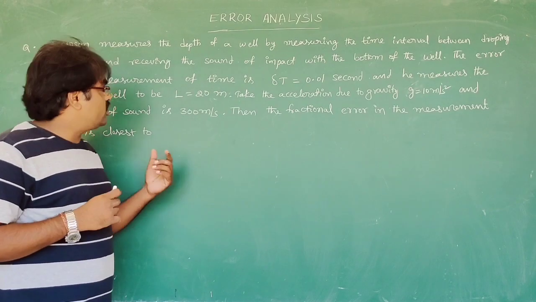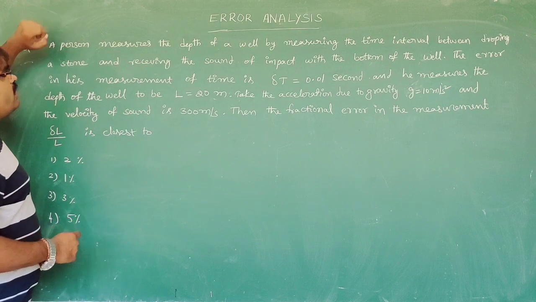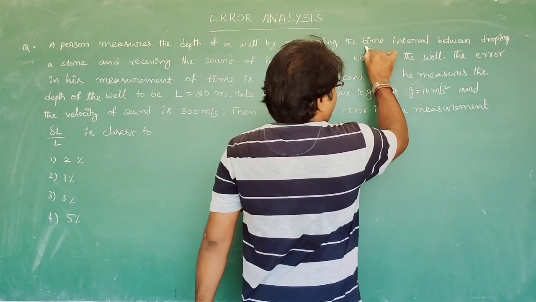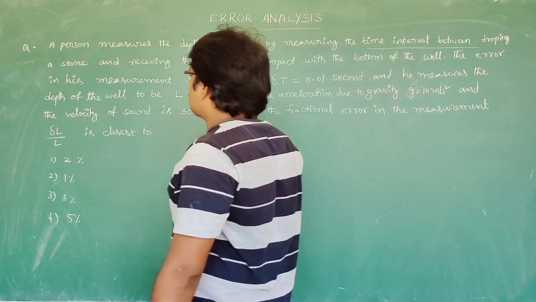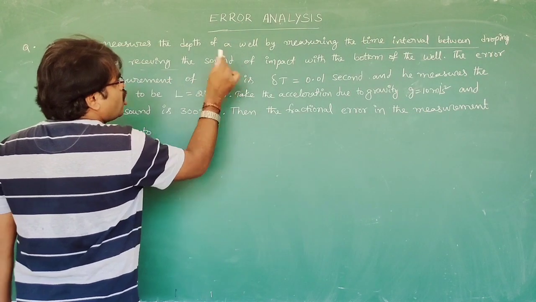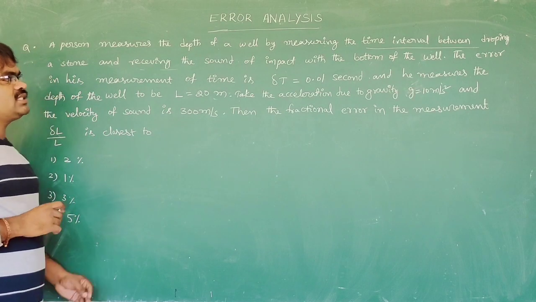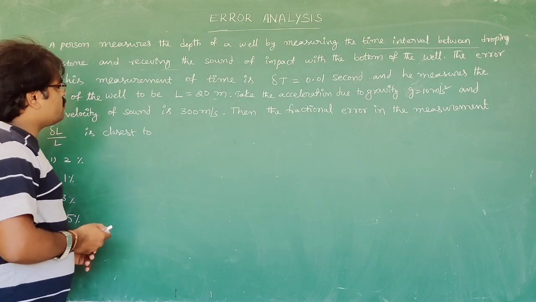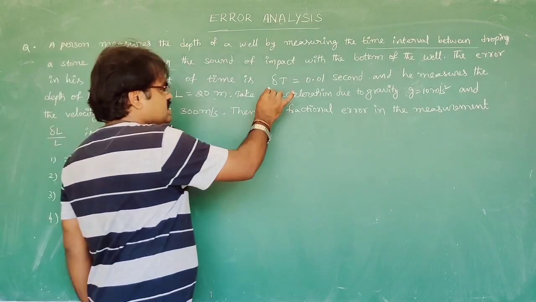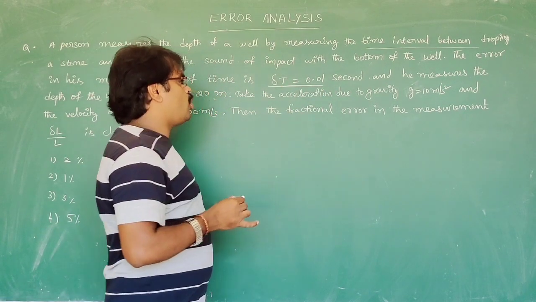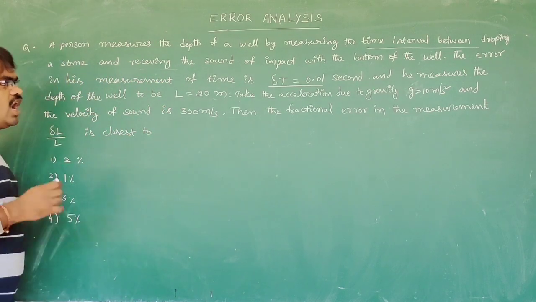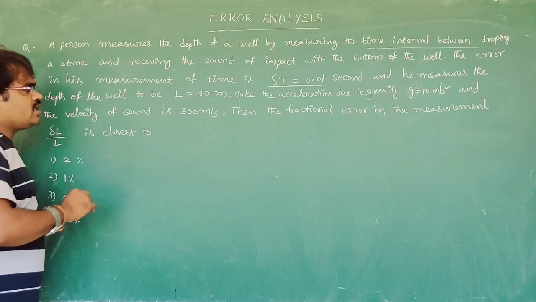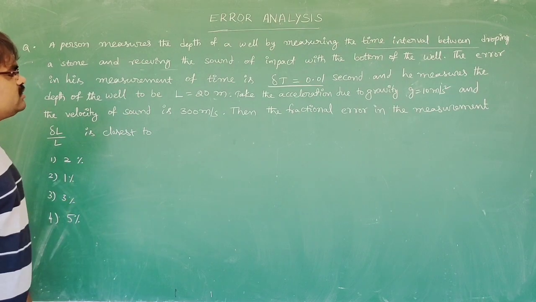Now, another question. A person measures the depth of a well by measuring the time interval between dropping a stone and receiving the sound of the impact with the bottom of the well. The error in his measurement of time is 0.01 second, and he measures the depth of the well to be L equal to 20 meter.